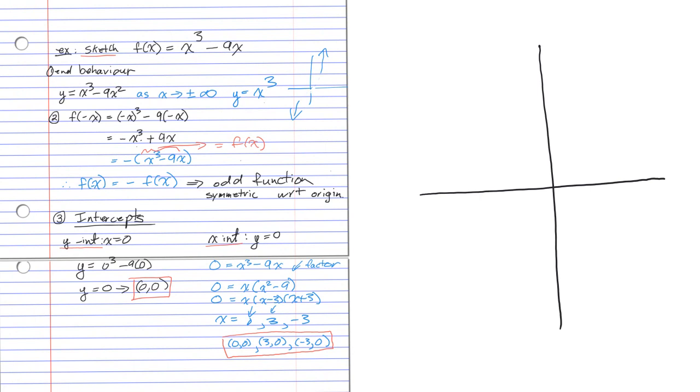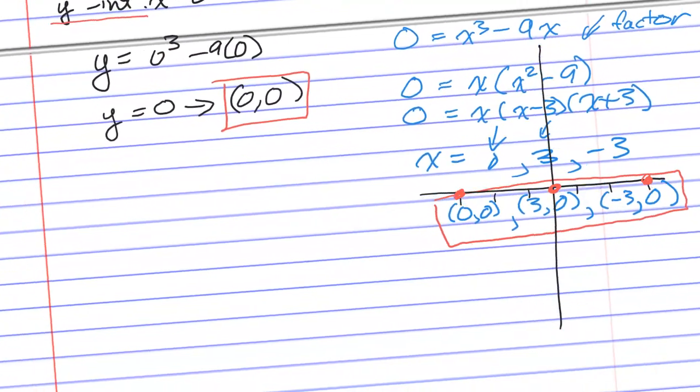We have a couple of points. So we have negative 3 and positive 3, 0. So I'm just going to plot those points in red. We also have a center point, 0, 0. Now, all we need is some extra points. So maybe we could take a moment and make some extra points. So let me zoom back into my note, and we'll find some extra points for our calculations.